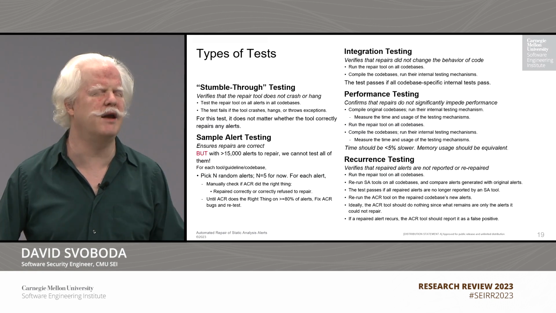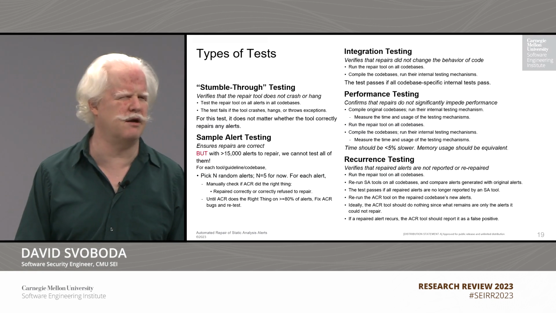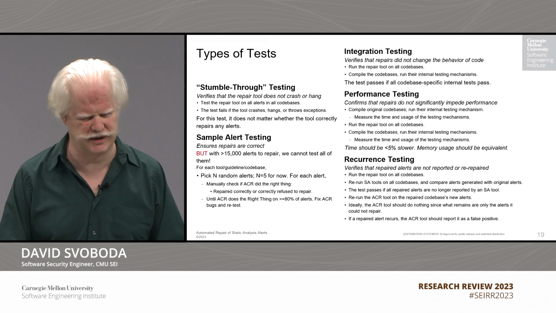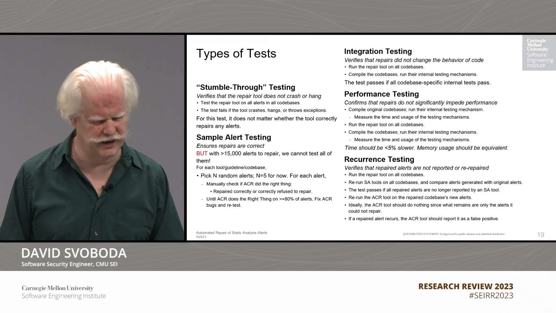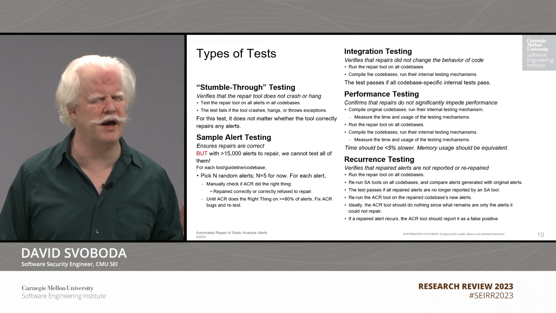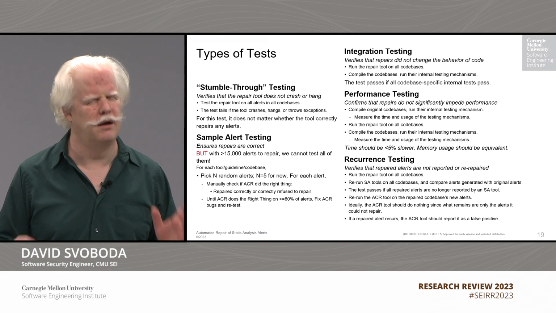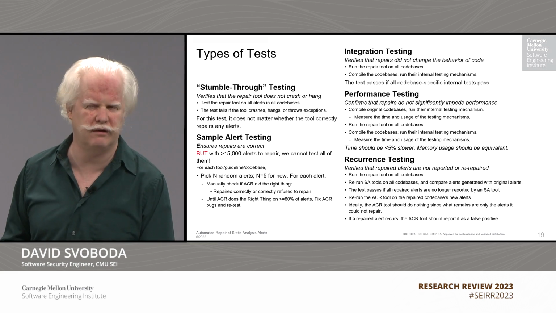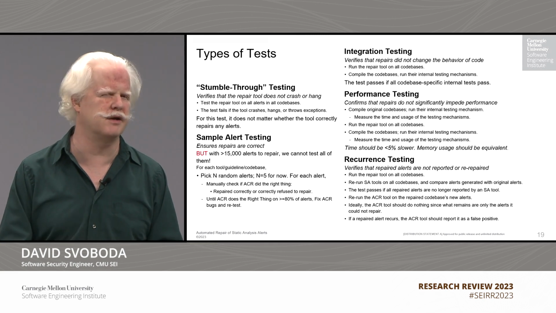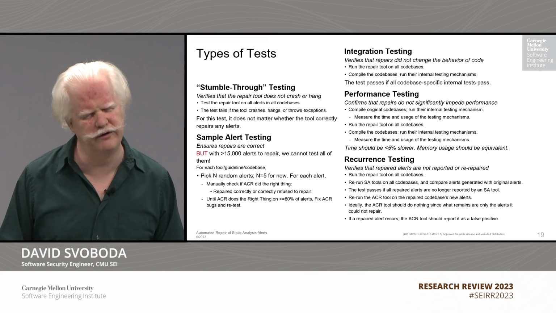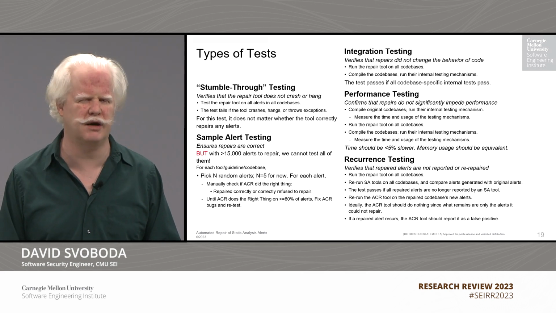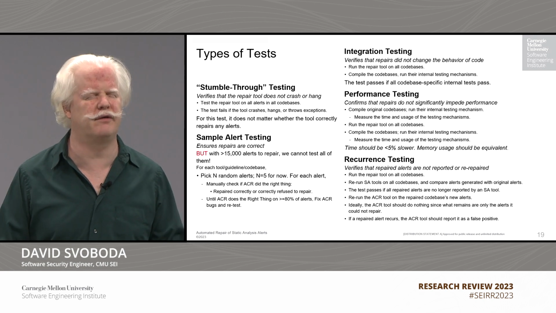So right now, our plan for the rest of the year is to work through these 5 types of tests. I'm not going to go through all of them. I'm going to focus mainly on the sample alert testing, where the idea is simply to run the repair code and then manually check the repair to see if it is correct and if the code should be repaired. Initially, we wanted to repair and manually check every alert, but there are 15,000 alerts.